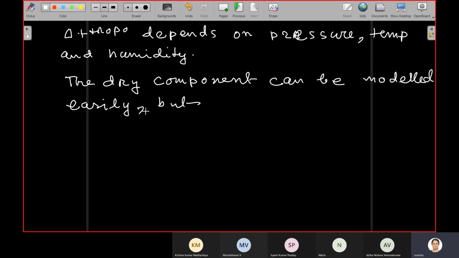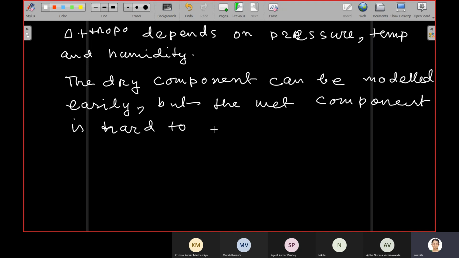But the wet component is hard to model. So the wet component shows more variability. The wet component depends more on these meteorological parameters and shows greater variability. The more the variability, the more difficult it is to model.